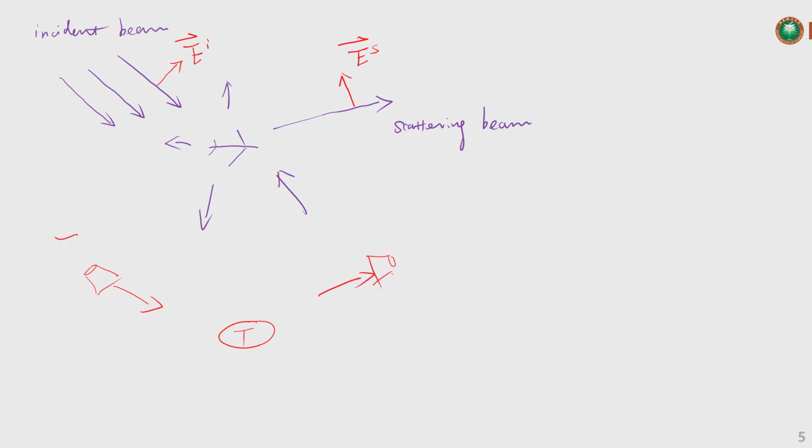This is the transmitter, this is the receiver, and this configuration is called a bistatic radar, or bistatic configuration.